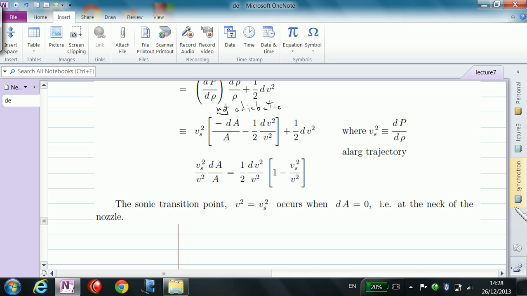I have to admit, I don't know what the solution is. But I know that you can't just have a steady state solution where you're feeding in more gas and it's flowing out and becoming supersonic.